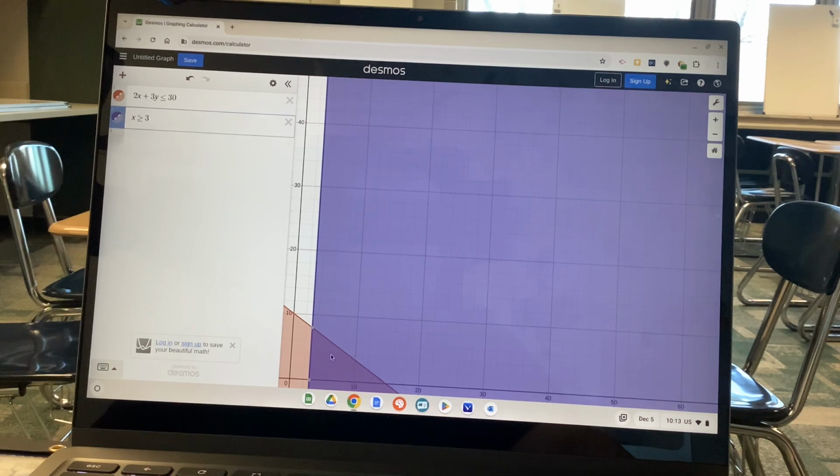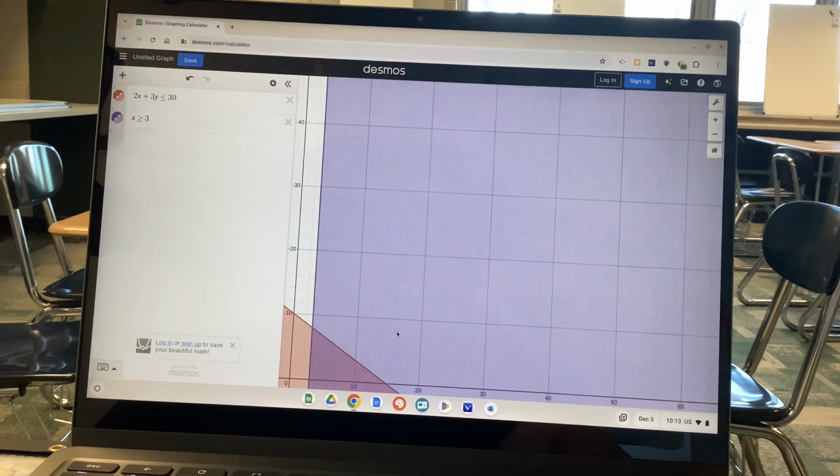So that would be, let's see, 0, 2, 4, 6 pounds of hamburger. And 4 pounds of chicken.